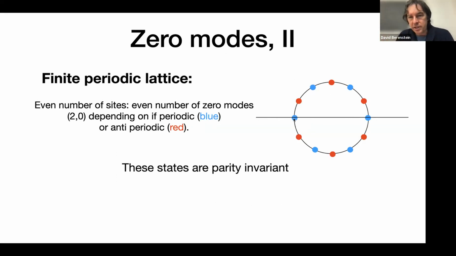And when you do anti-periodic, then they get twisted, and the symplectic form that you get becomes non-degenerate. And what you see is that these 2 choices are parity invariant, and parity here is reflection about the vertical axis.